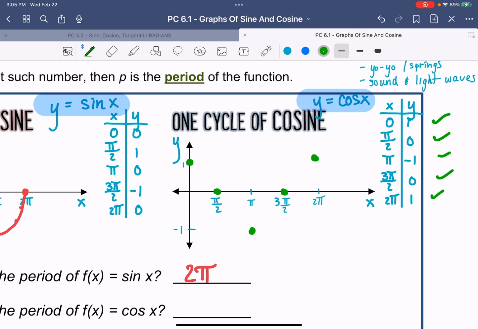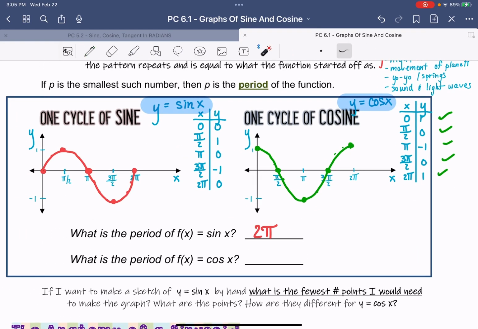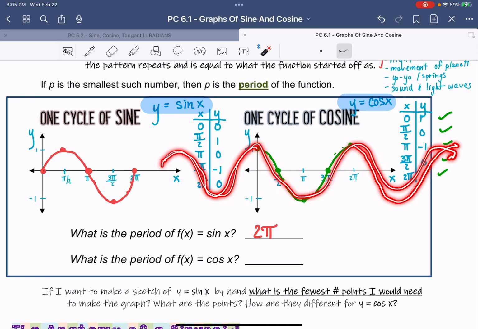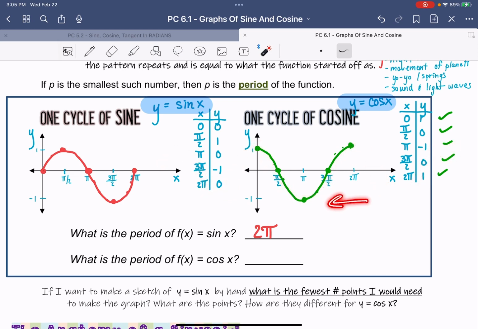And once again, I could show all of those intermediate values. If you were to take the time to plot all of those points, we would get this nice cosine curve like that. And once again, because it is periodic in nature, it's going to repeat that pattern in both directions. So the domains of sine and cosine curves are all real numbers.